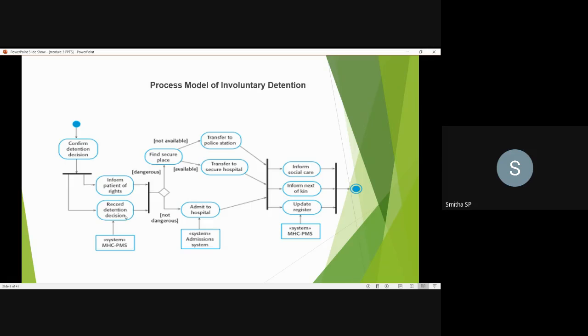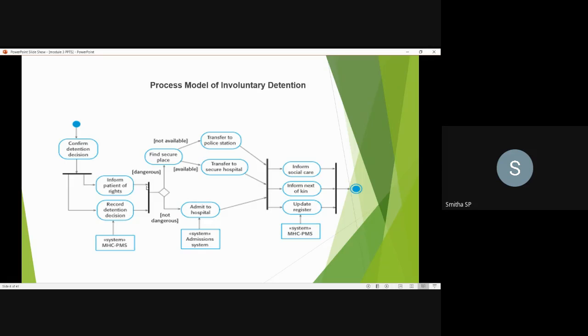Suppose the activity 'inform patient of rights' is completed and 'record detention decision' is not yet completed. Then it can't go to the next activity, because it works in parallel with the record detention decision activity.